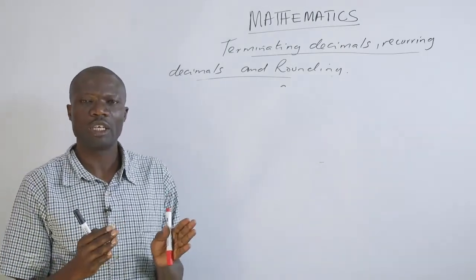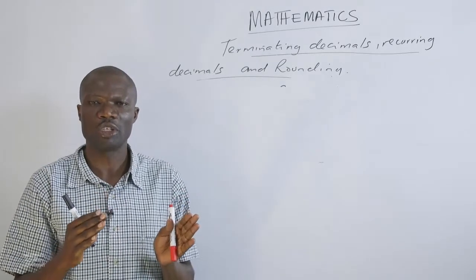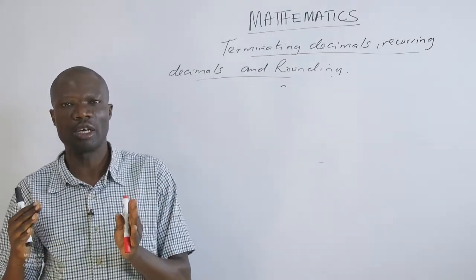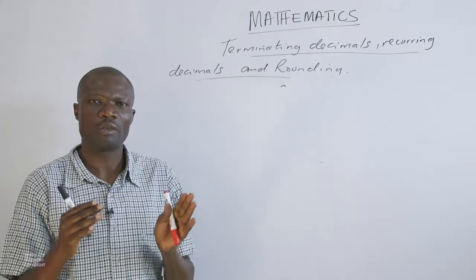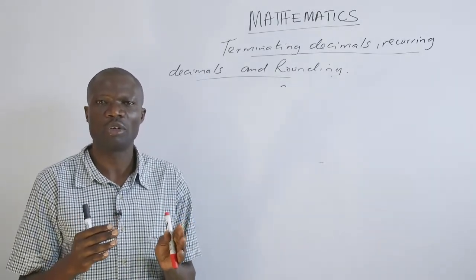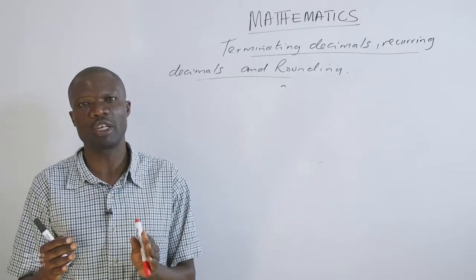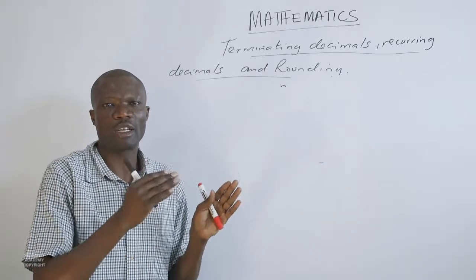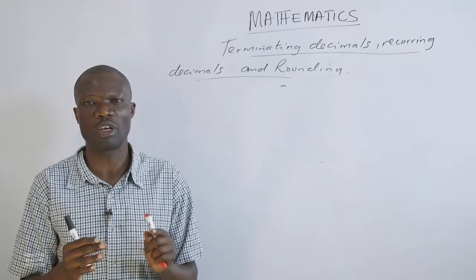So we have seen how to convert fractions into decimals, and for those recurring decimals, we are simply able to write by convention and show that these are the recurring digits, so we don't need to struggle about them.